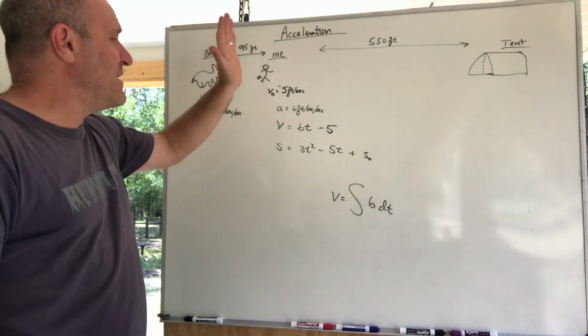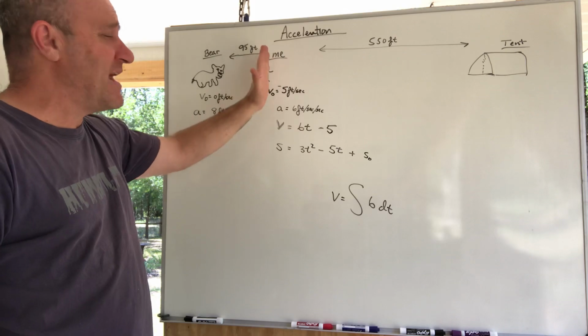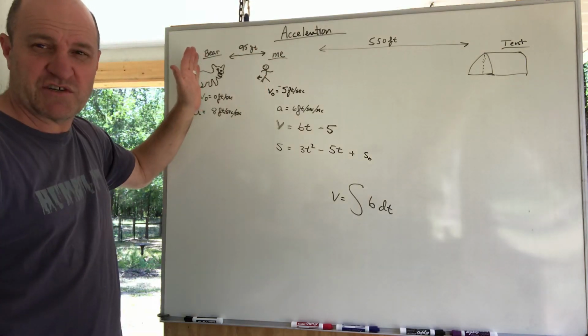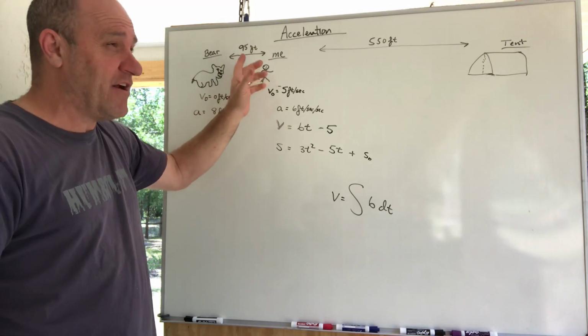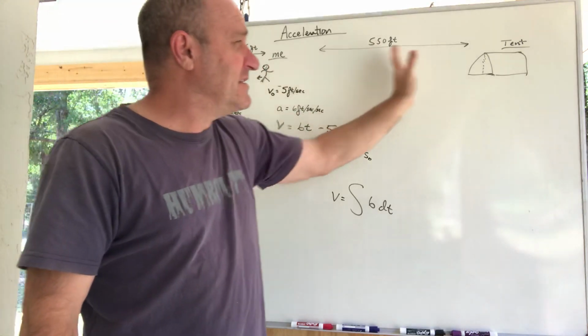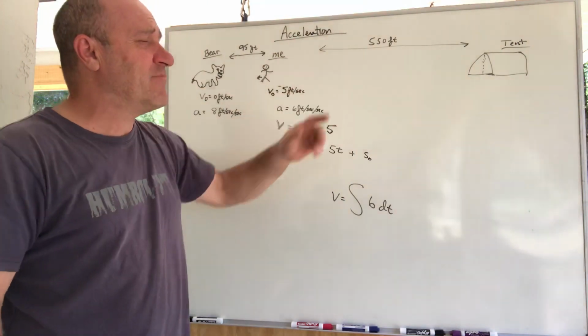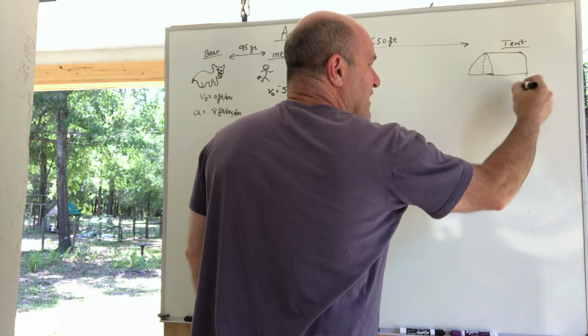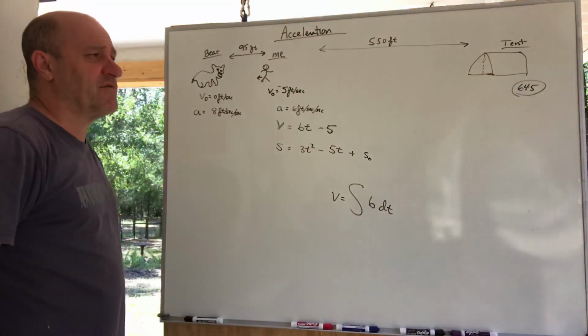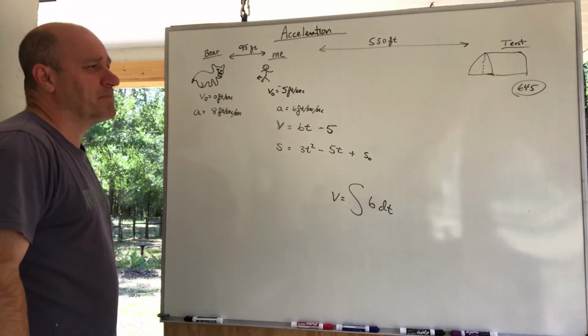So the bear's initial position is 0. That means my initial position is 95 feet in front of the bear. And then the tent is 95 plus 550, which is 645. The tent's at position 645.